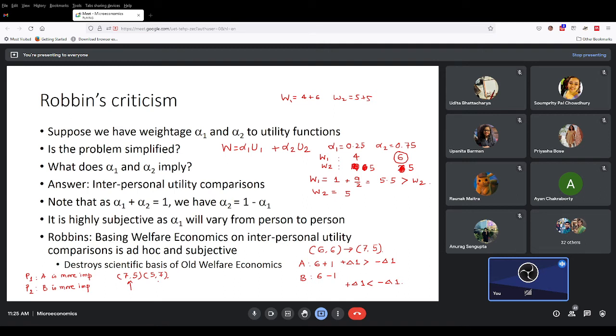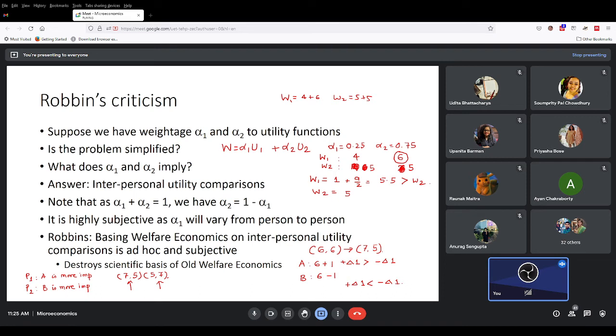For some reason, I believe that A is more important. And in this case, you're saying that B is more important. It need not be on the basis of friendship. Maybe you have a particular outlook, and based on that outlook, you are going to either prefer A or B.